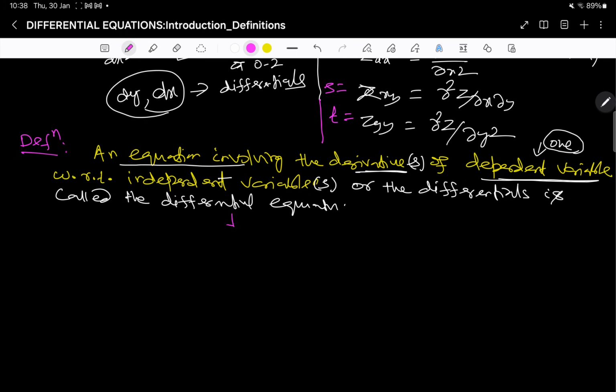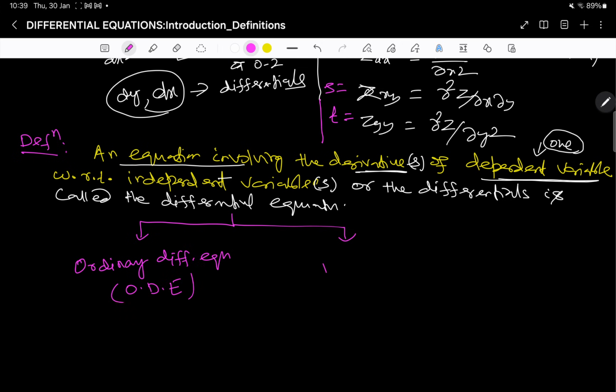The differential equations are of two types, ODE and PDE: ordinary differential equation, we call it ODE, and partial differential equation, we call it PDE.